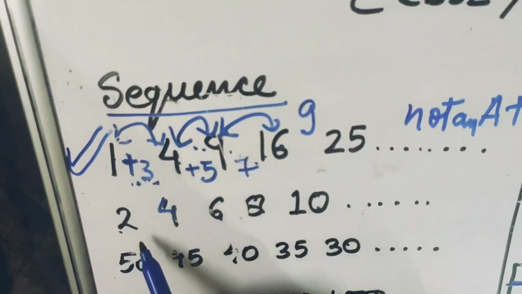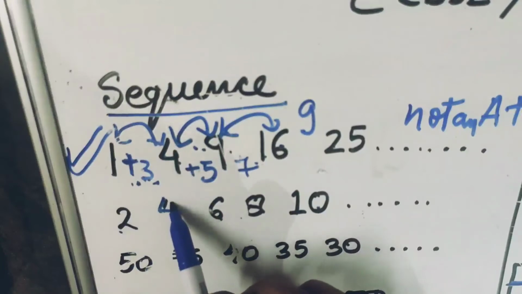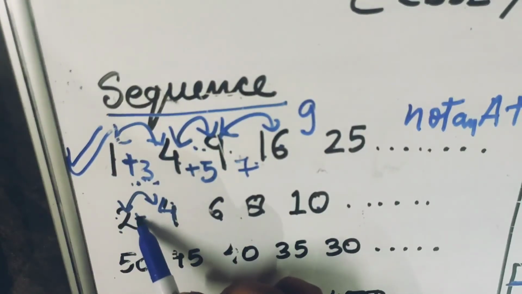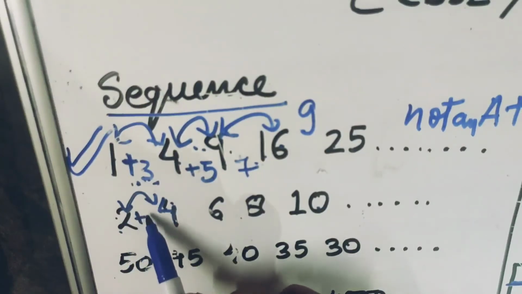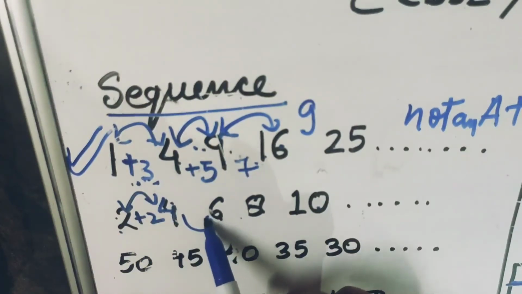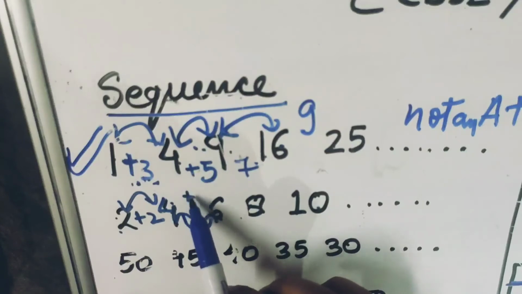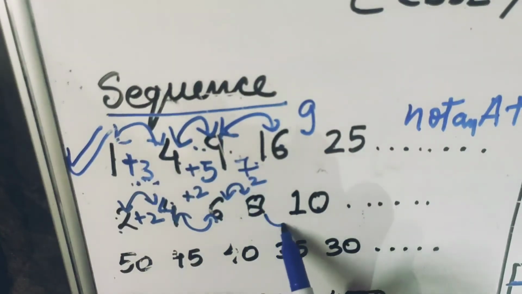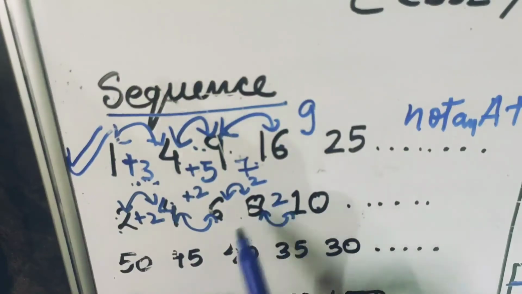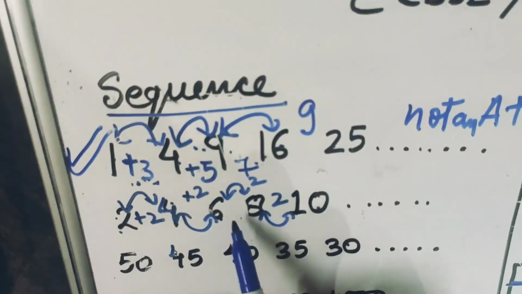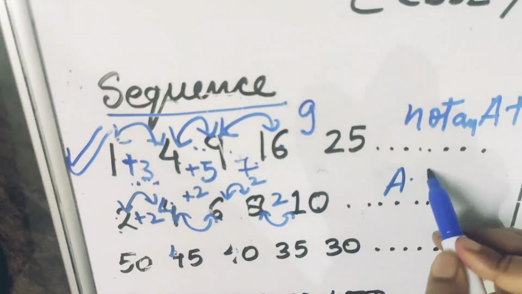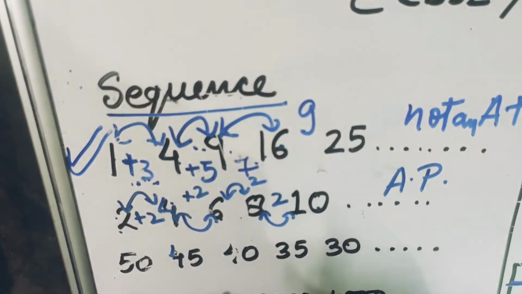Now if you take the difference between each term and the previous term, you will see 4 minus 2 is plus 2. Here 6 minus 4 is plus 2. Here also the difference is 2. Here also the difference is 2. So is it an AP or not? Of course it is an AP because it is a list of numbers which has a fixed difference between them.